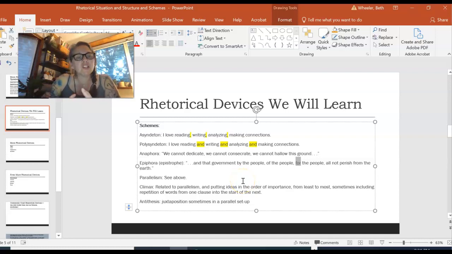This can happen with prepositions. This can happen with verbs in an ing form. This can happen with verbs that maybe you want to keep in past tense, and so all the verbs are in the same tense throughout the list.